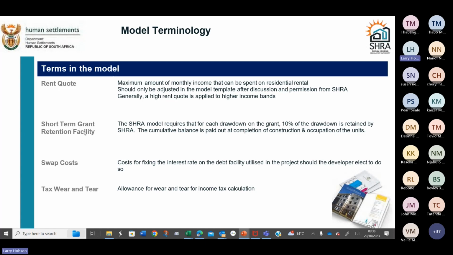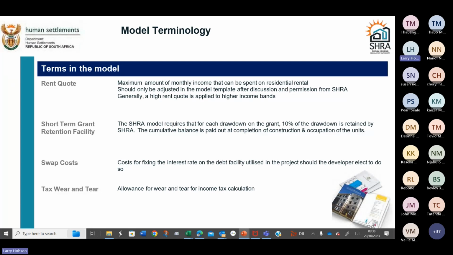Okay, then we've got a short-term grant retention facility. So the SHRA model contains a 10% retention on the drawdown of the subsidy, and then the balance of 10% is paid out once the project is complete. So that's built into the model.